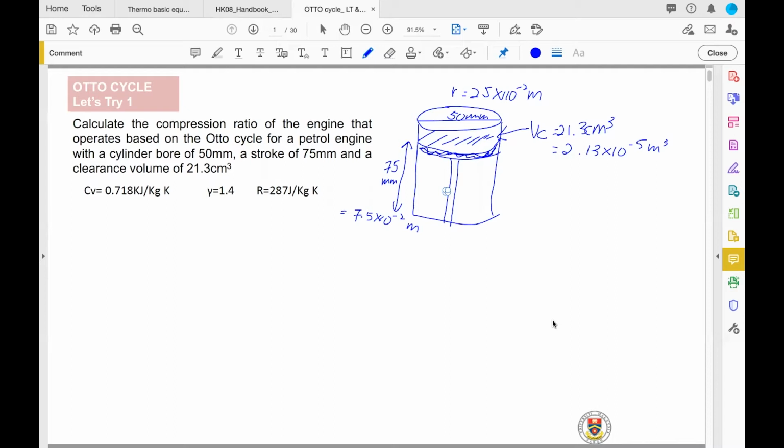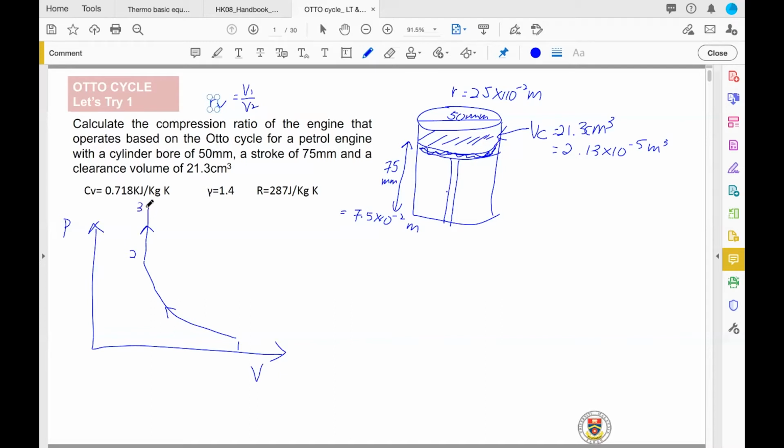For the let's try Otto cycle, calculate the compression ratio. We know compression ratio is rV equals V1 over V2. What does that mean? If you draw the diagram of the Otto cycle, this is the PV diagram: 1 to 2, isentropic compression, and then constant volume Q in.